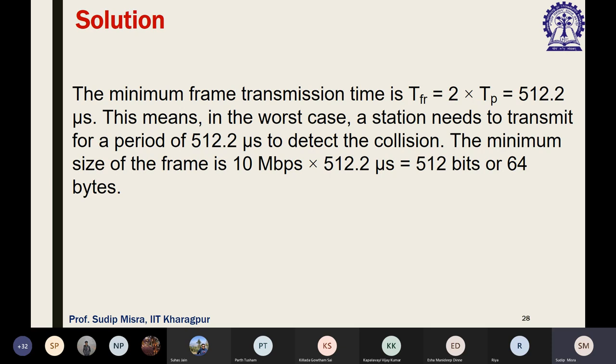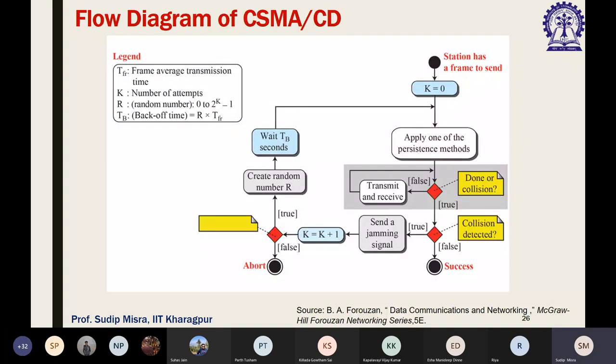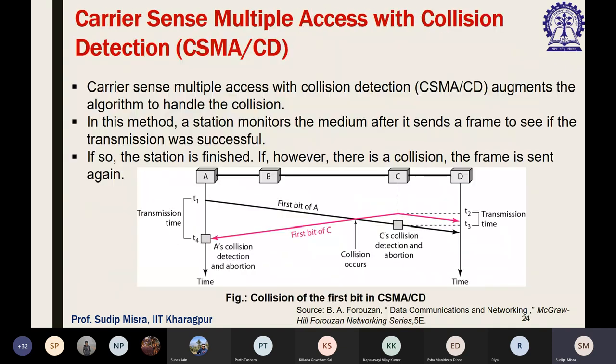And why is it so? If you analyze a bit, that also is not so difficult to understand. So TP once again is the maximum propagation time from A to D. Now let us say that just before the signal arrives at D, the collision takes place, because A and D are farthest separated from each other. So a signal is sent from A, it propagates all the way.